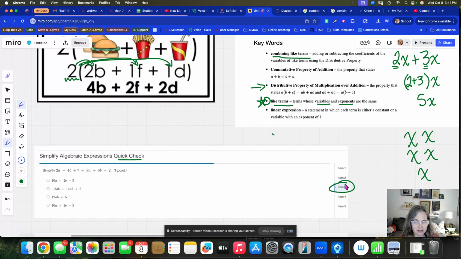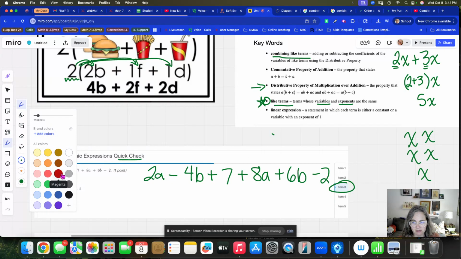It's item 3. Okay, it says simplify 2a minus 4b plus 7 plus 8a plus 6b minus 2. Okay, I'm going to use the commutative property here.